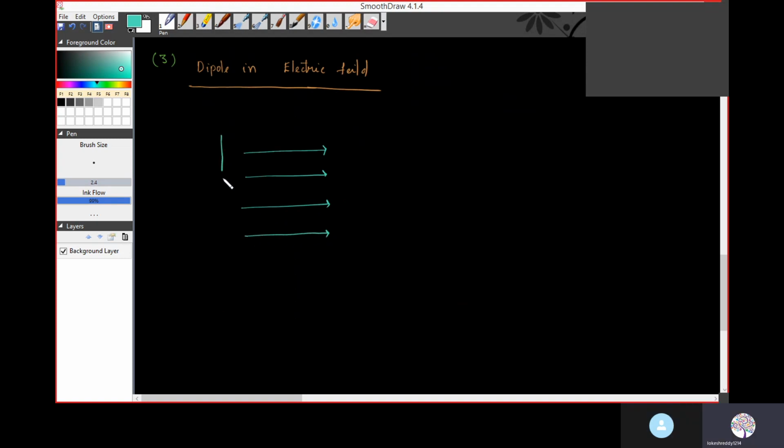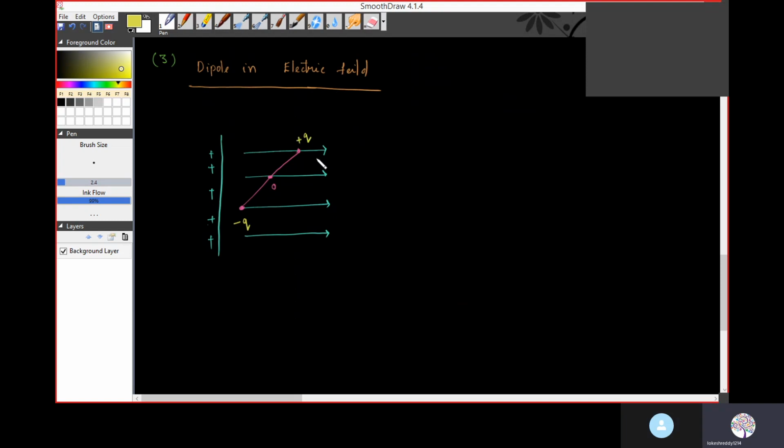So this is a uniform electric field. That means this is a positively charged plate and you are getting field lines like this. Now consider a dipole here. Say this is the center of the dipole, and I am having charges minus q and plus q here.